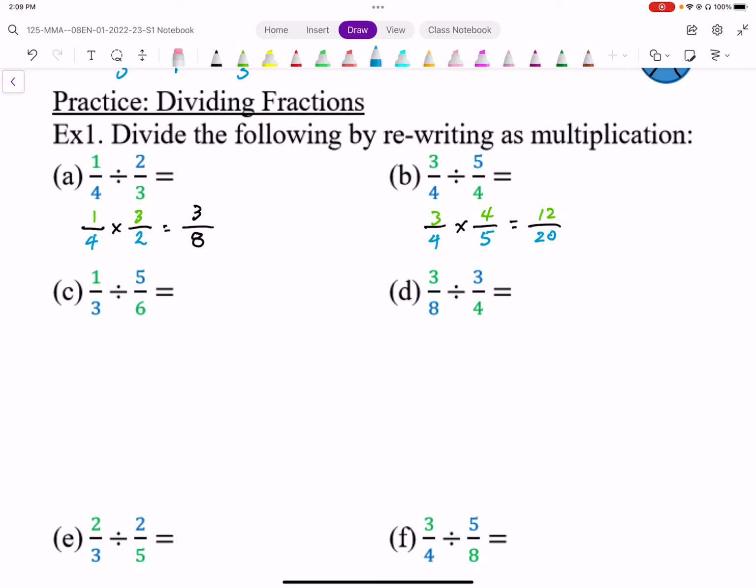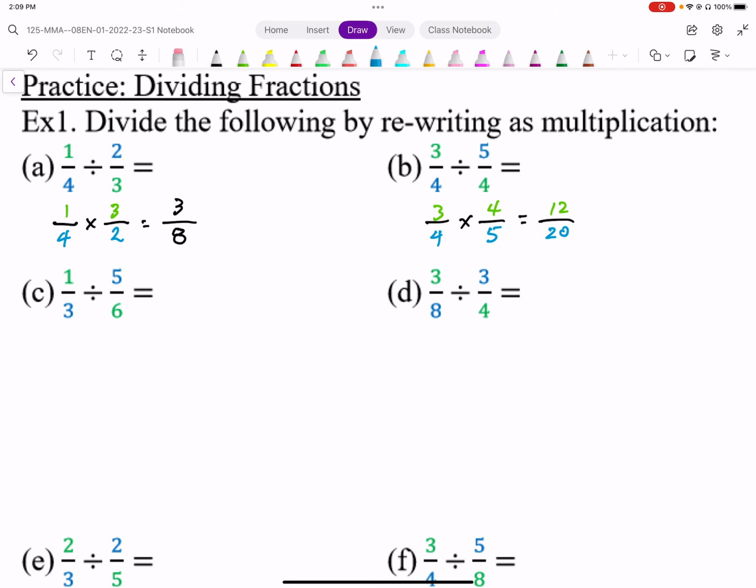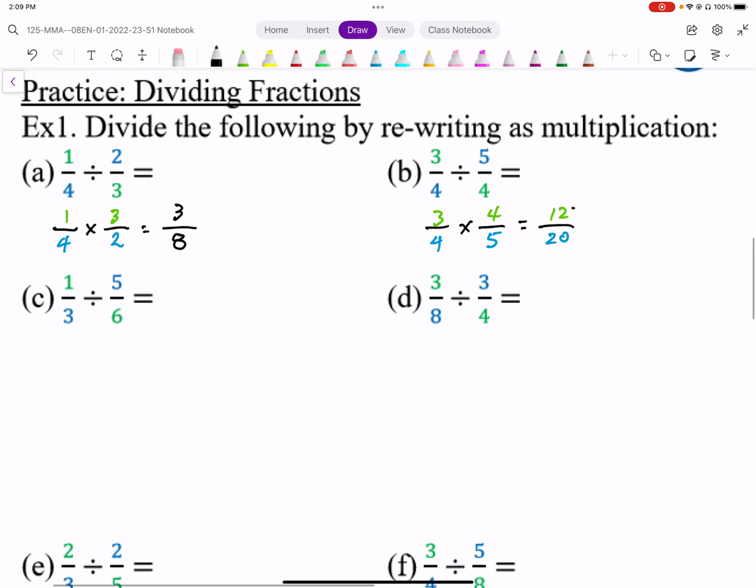Because they share common factors in the top and bottom, we can simplify this by dividing out the greatest common factor. We're going to divide by 4, and that's going to give us a simplified fraction of 3 over 5.